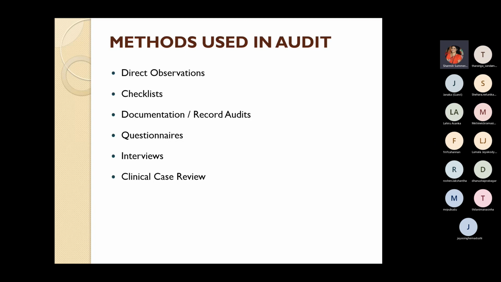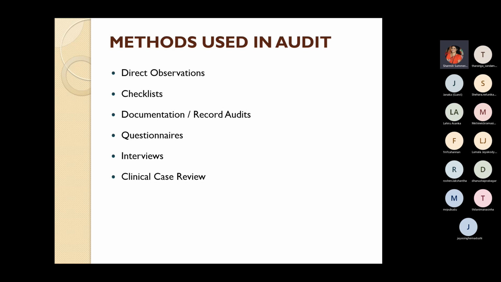Now we'll see what methods, instruments or tools we can use in this audit for the auditor evaluation. What methods are available? One is direct observation. Normally for internal audits we can have direct observation, because the internal audit is done by the internal management or internal members.